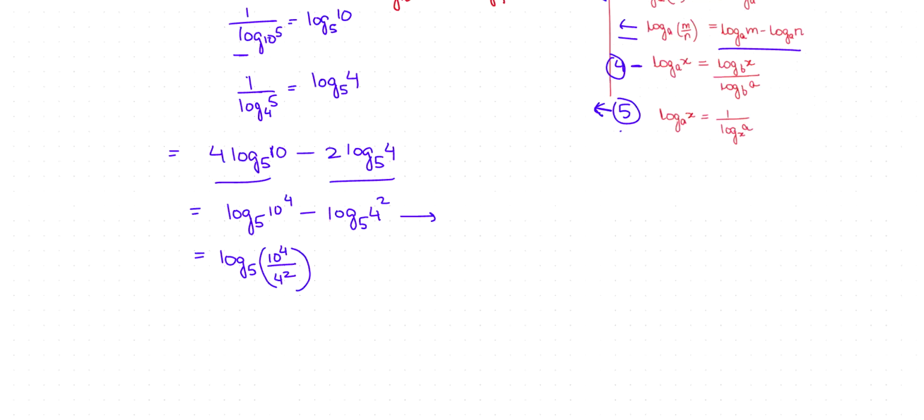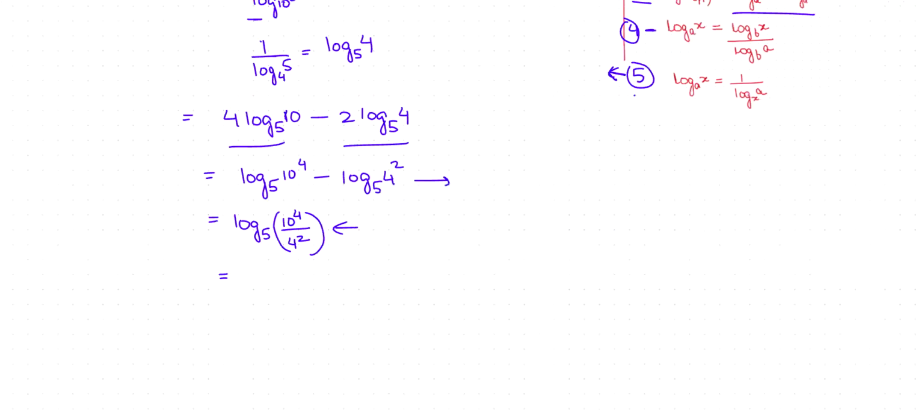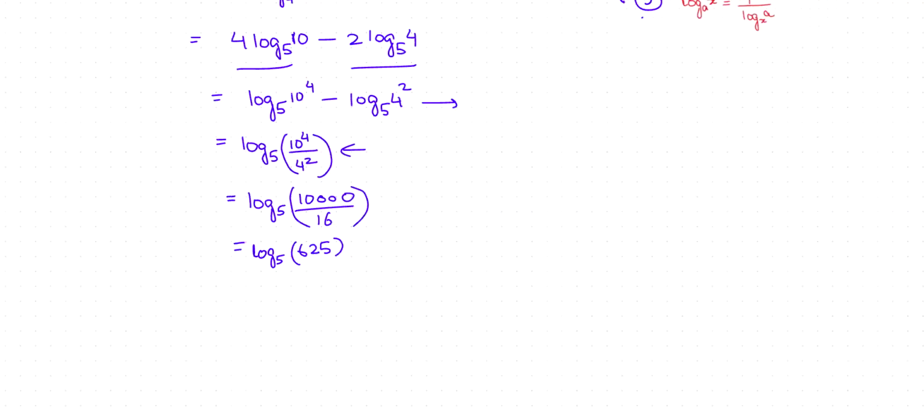Here is the quotient rule, we used it. Now we can further simplify. So on simplifying, this gives log base 5 of 625.